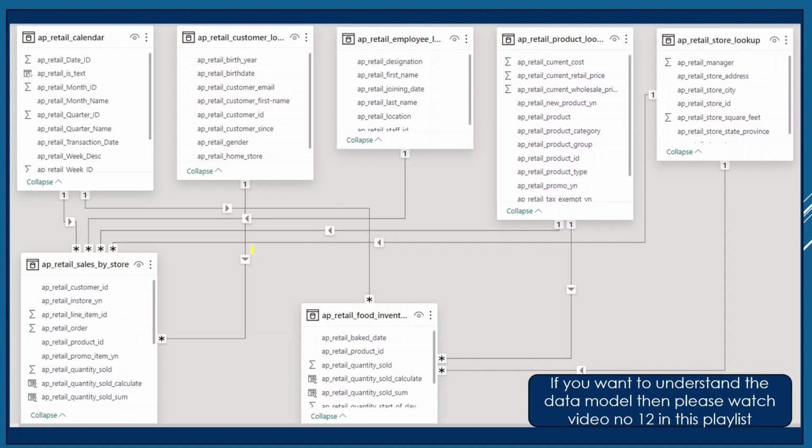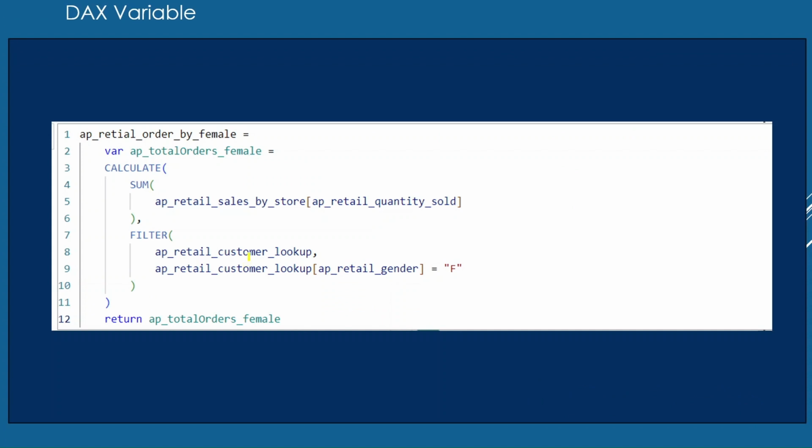So in this exercise, we are going to use this data model. If you want to understand the data model, then please watch video number 12 in this playlist. So what we are doing here? First, we are creating a measure. Here we are defining a variable, and this is the expression of the variable. We are calculating the sum of total quantity sold.